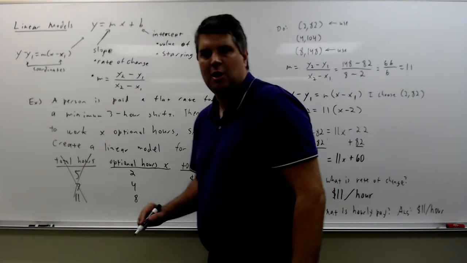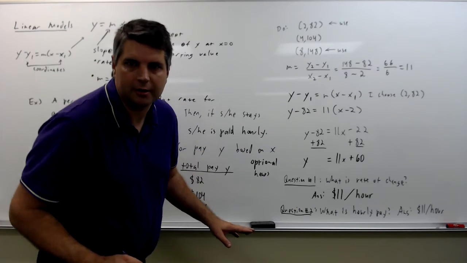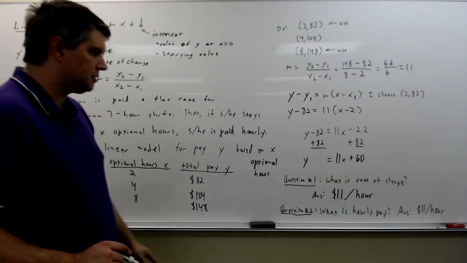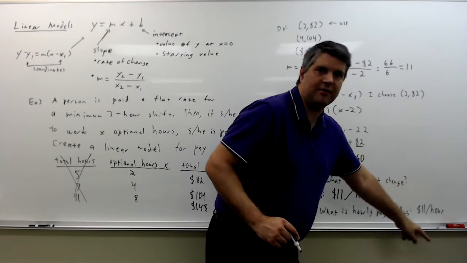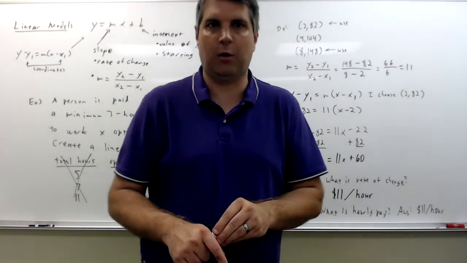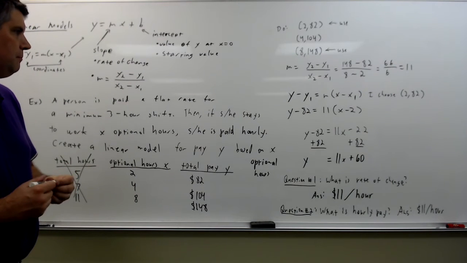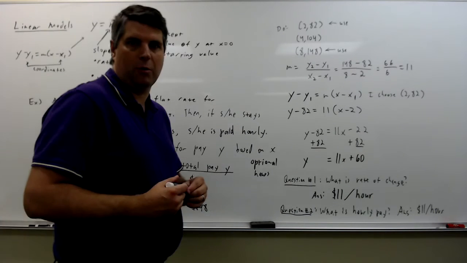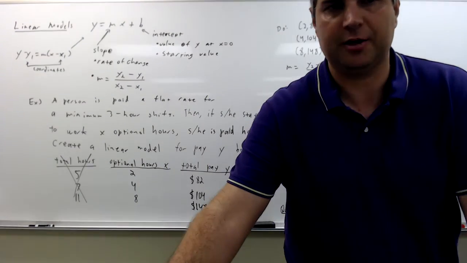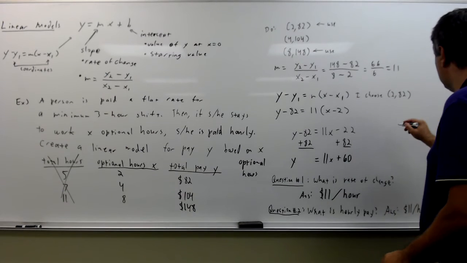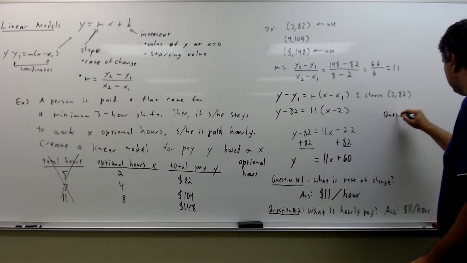So after the person has worked their minimum 3-hour shift, the pay is $11 an hour for however late they stay to work. But I got another question I want answered, so I'll squeeze it in over here. Question number 3.